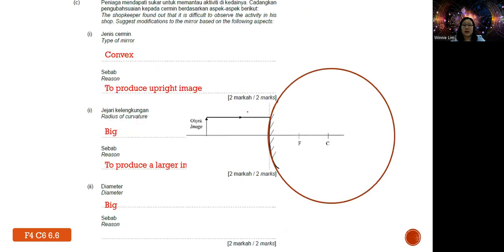So that's why here they write to produce a larger image. This is what it means. Then diameter, of course, this curvature part is also big. So same thing, you have a widened field of vision. Yes, hence we have actually finished the structured part. So we'll proceed to the essay part.